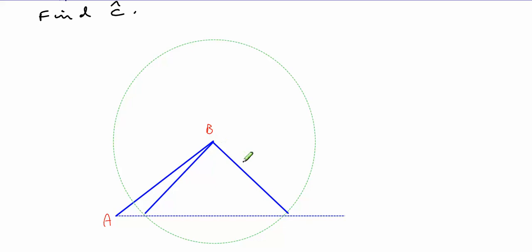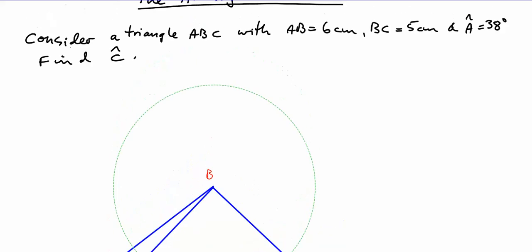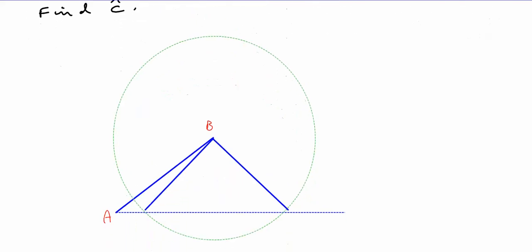Both these lines are radiuses of the circle, so they're both of length 5 centimeters, and so both would give us a triangle ABC with lengths 6, 5, and with angle 38.